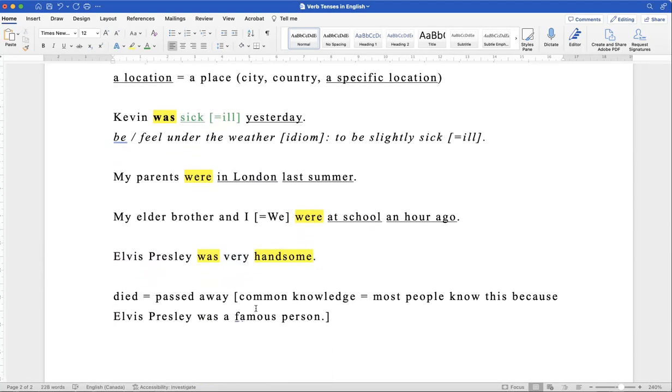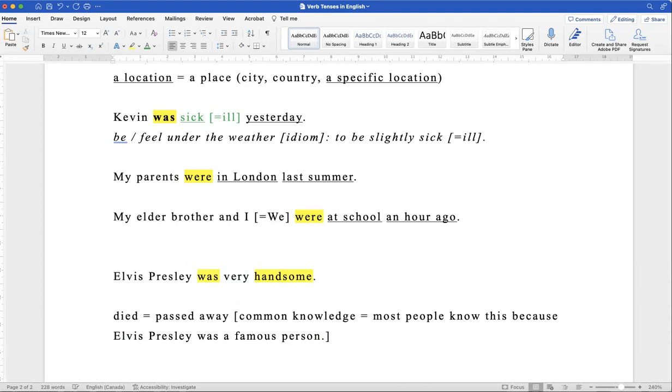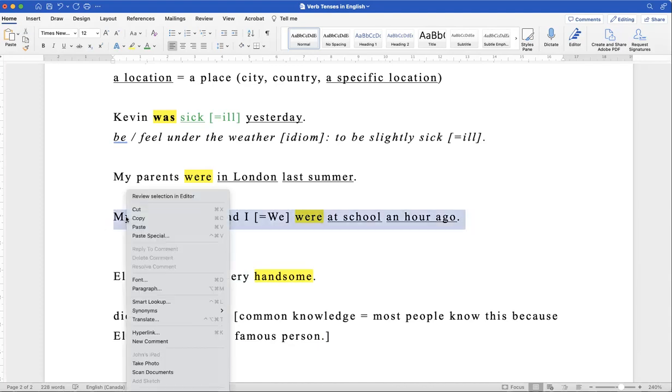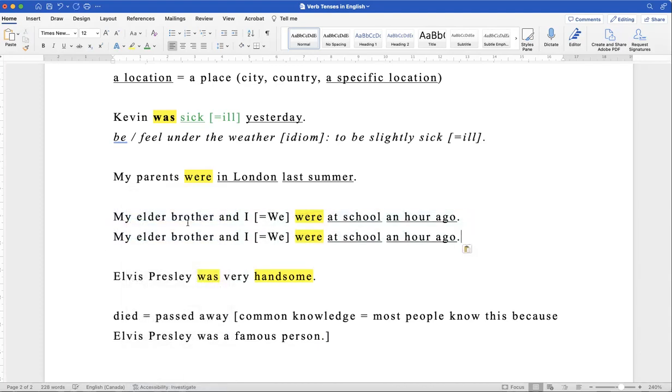Okay. By the way, here in this example sentence, I cannot change the location of this. When you use I with another subject or subject pronoun, I should come at the end. For example, here in this sentence, I cannot write I and my elder brother. This is not correct. I cannot change the word order.